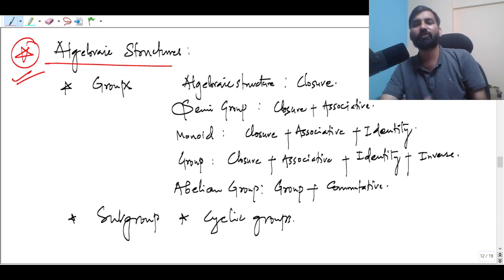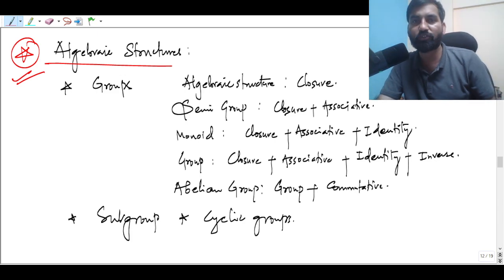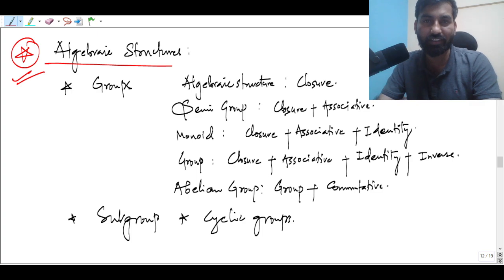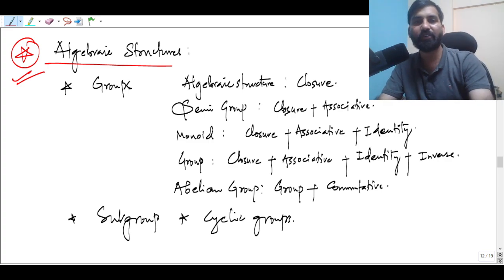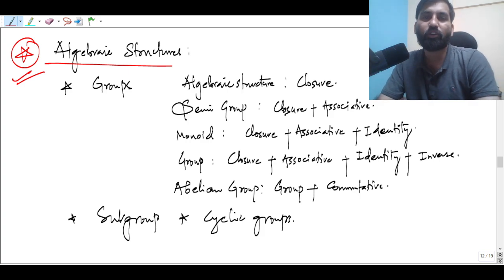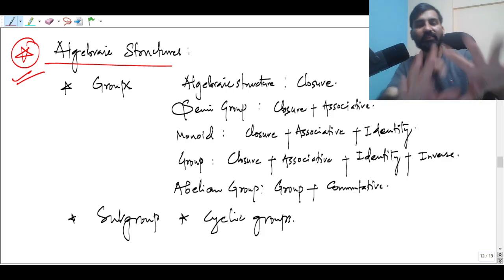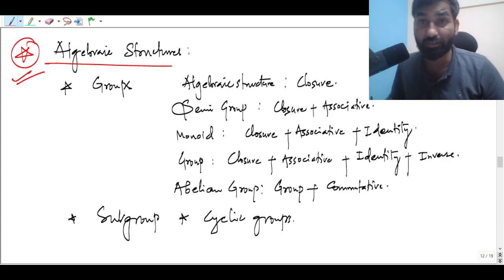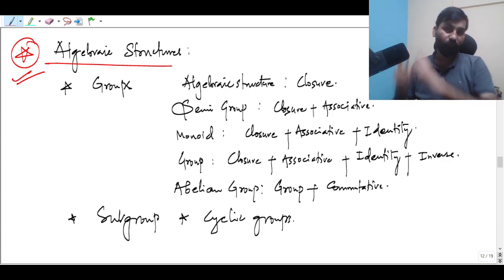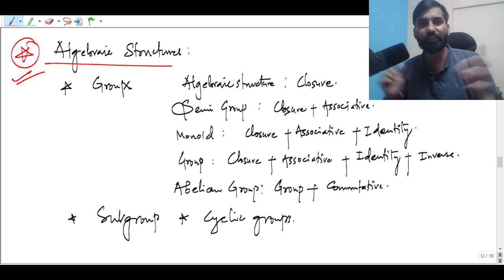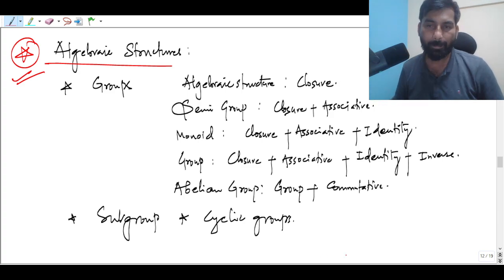These are the properties: closure and associative, closure, associative plus identity, so different types of groups like monoid, abelian groups, semigroups, all these things we will discuss. And we'll also talk about subgroups and cyclic groups. So under this topic these are the things that I'm going to take up, and I will explain each and everything from the very basics, so you will not face any sort of challenges.